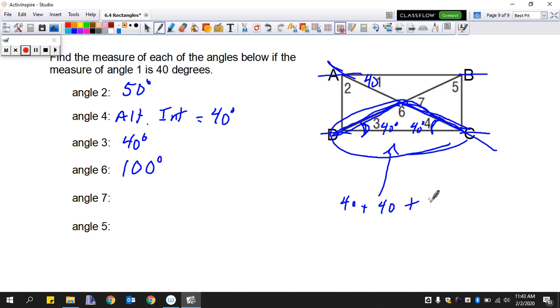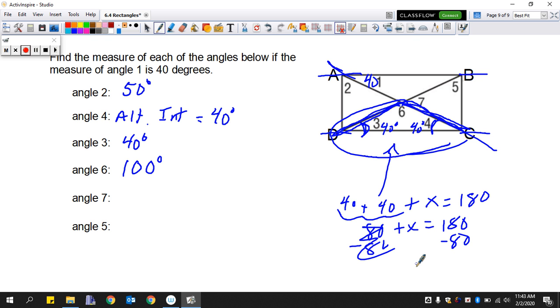So this is 80 plus x equals 180, and 180 minus 80, so our unknown angle is 100 degrees. That's this right here. All right, angle 7, we know that angle 6 and angle 7 form a straight line, so that means that's 180 degrees as well. So angle 7 is going to be 80 degrees.